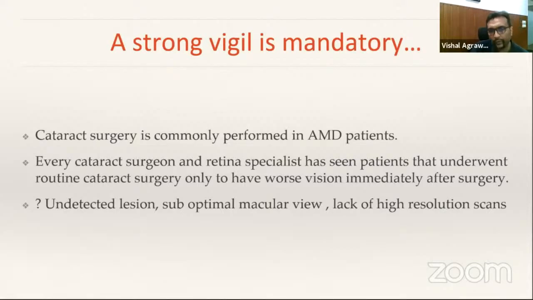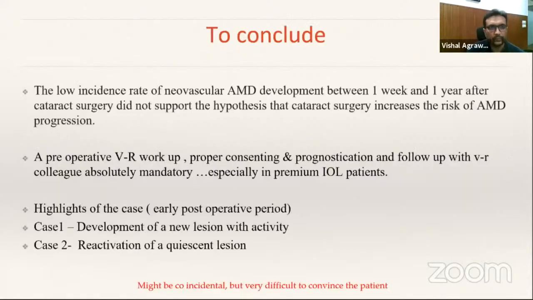But if you remove that bias from the equation, there is a very low incidence rate of neovascular AMD development between 1 week and the first year of cataract surgery. And of course, a preoperative VR workup, proper consenting and prognostication is very important, especially in your premium IOL patients.